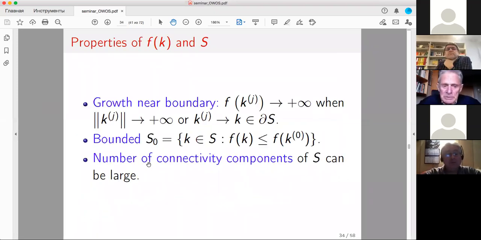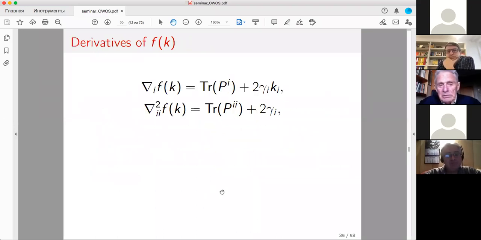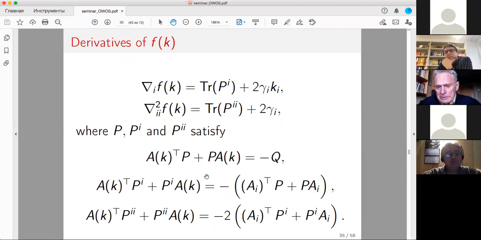But sometimes some properties are good enough. We have the same coercivity property. We have the statement that sub-level sets are bounded. And also we can calculate first and second derivatives. I won't go into details here.